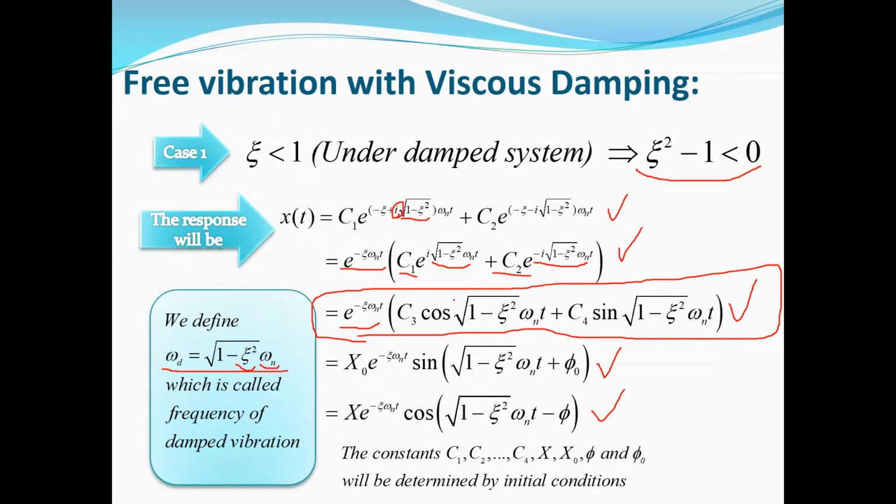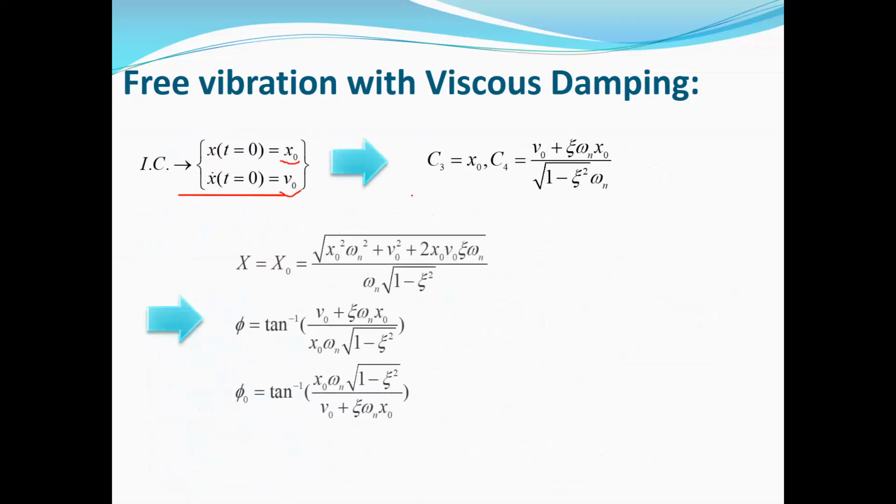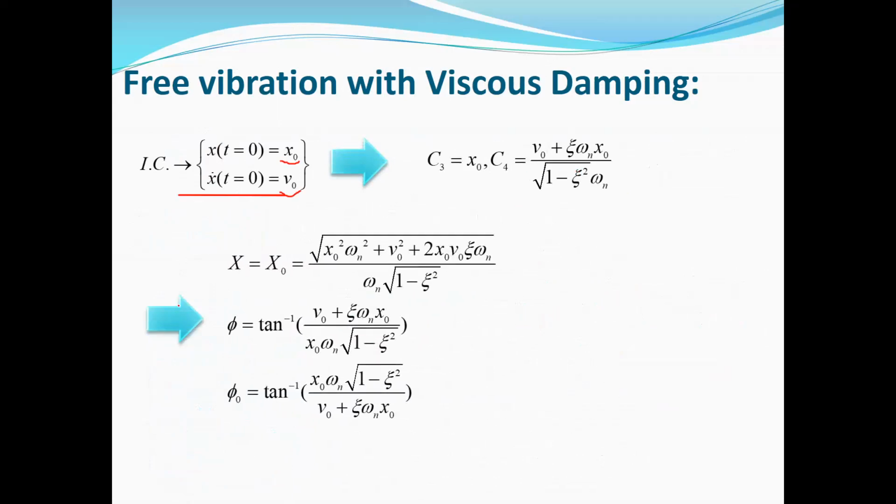Then you can calculate the derivative of this term with respect to time, substitute t equal to 0, and obtain C4. So you can use the initial conditions for C3 and C4, and you can also use the initial conditions to obtain uppercase X naught, the amplitude, and also the phase angle of your system.